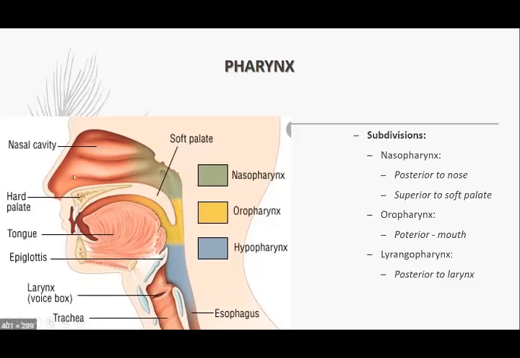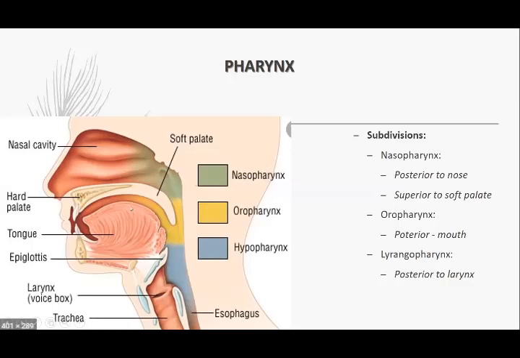This is the nose, with the lateral wall and concha visible. The nasopharynx lies posterior to the nose; that is why it is called nasopharynx. This is the hard palate and this is the soft palate. So the nasopharynx lies above the soft palate, behind the nose.